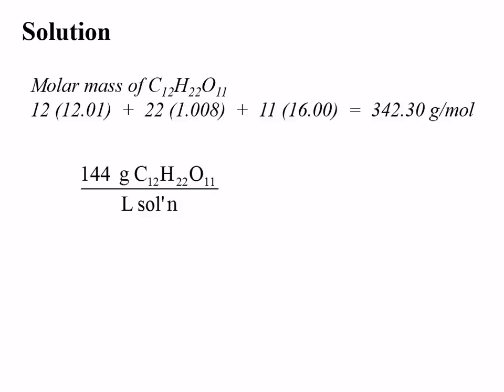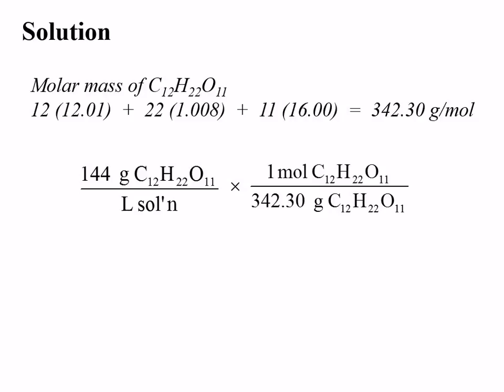Now if we use the flipped version of the molar mass, 1 mole of sucrose over 342.30 grams sucrose, my grams of sucrose cancel. I'm left with moles of sucrose per liter solution, which is perfect. Round to 3 significant figures.